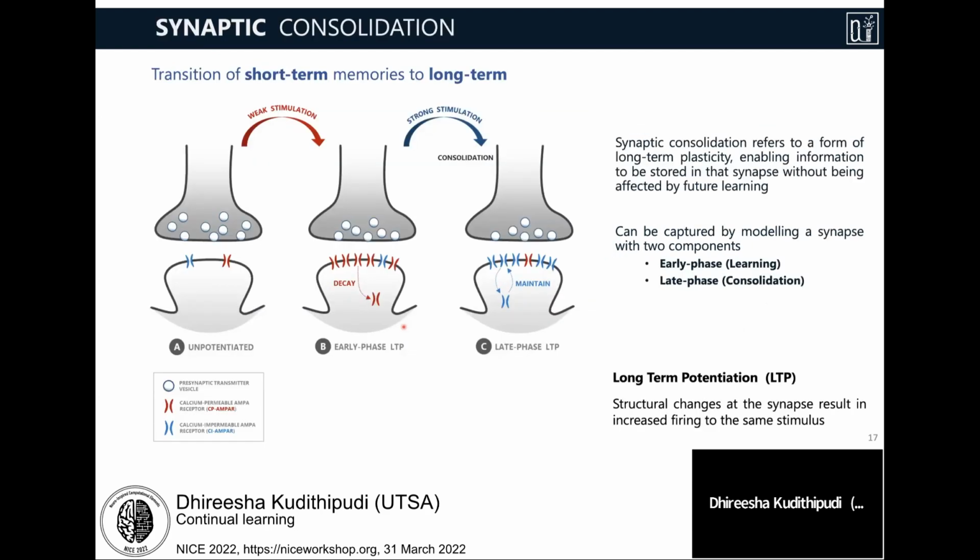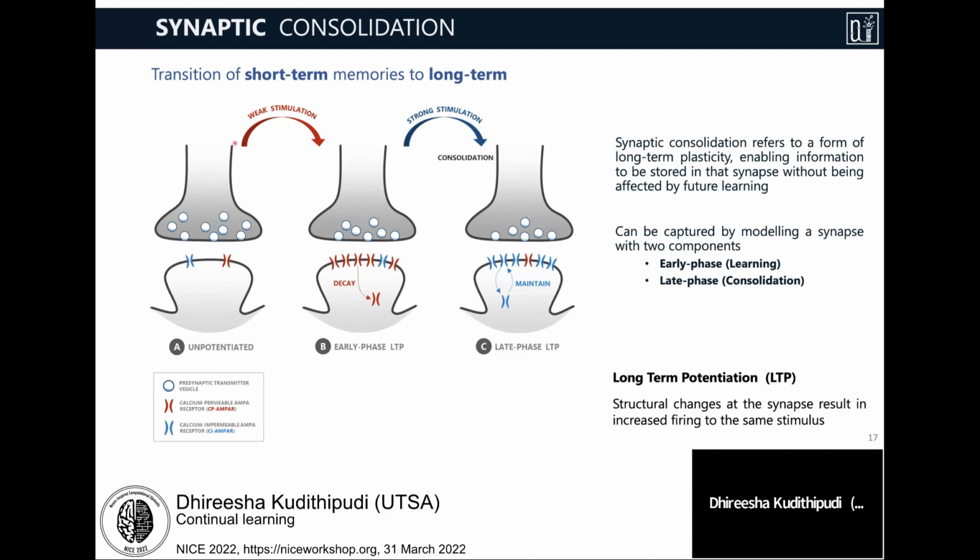And the second mechanism we look at is synaptic consolidation. Synaptic consolidation refers to a form of long-term plasticity, where information is stored in the synapse without being affected by future learning. To capture this, we realize the synapse with two components, where in the early phase there is learning happening, and in the later phase there is consolidation happening in the model.